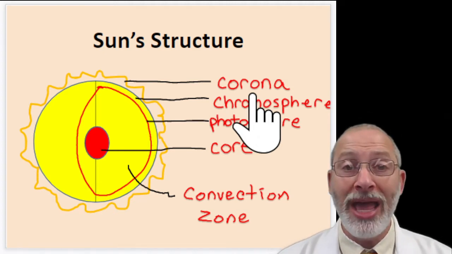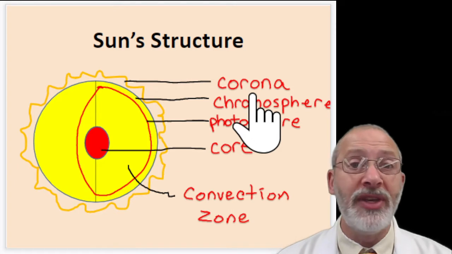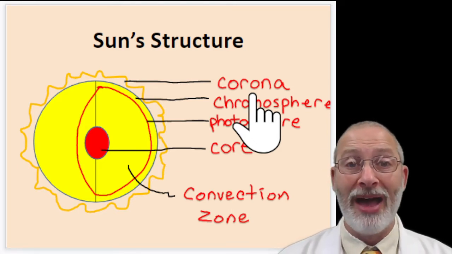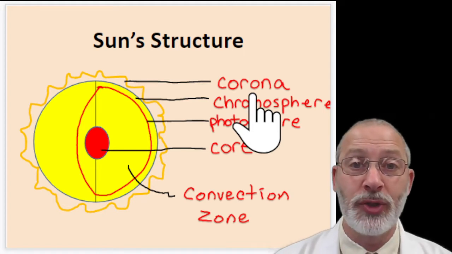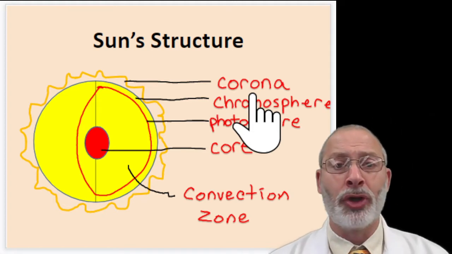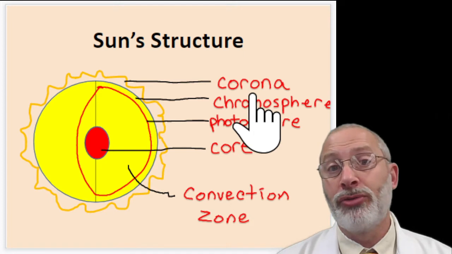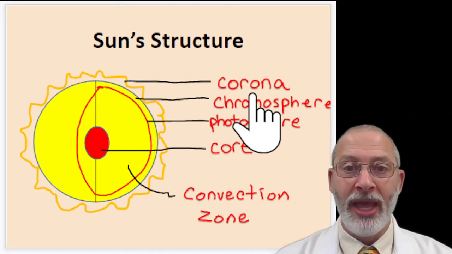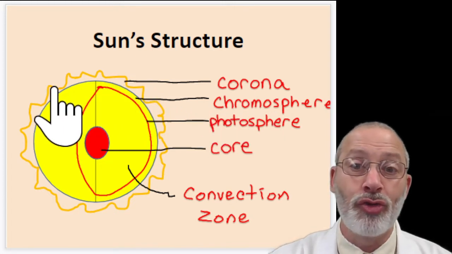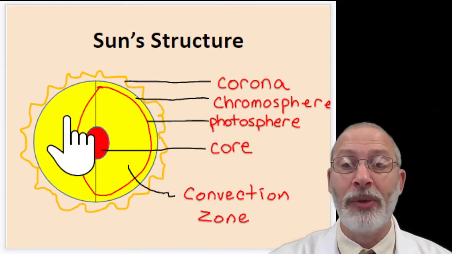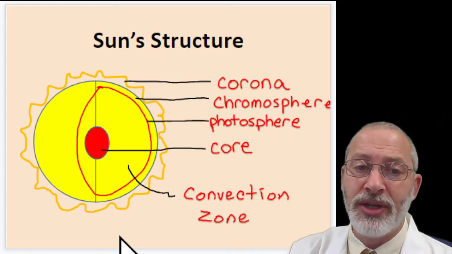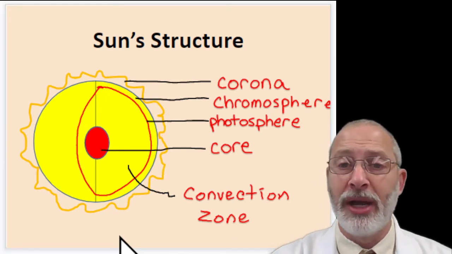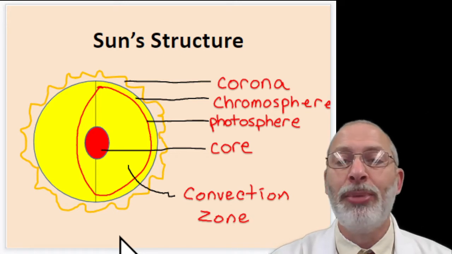The corona, as we will learn later, is only visible during a solar eclipse unless you have a telescope equipped with a special device. But the corona is called the corona because corona is a word that means crown. And so the sun has kind of a crown all around it. Again, we're going to talk about these different structures of the sun in more detail in a little while, but right now I just want us to label this diagram.